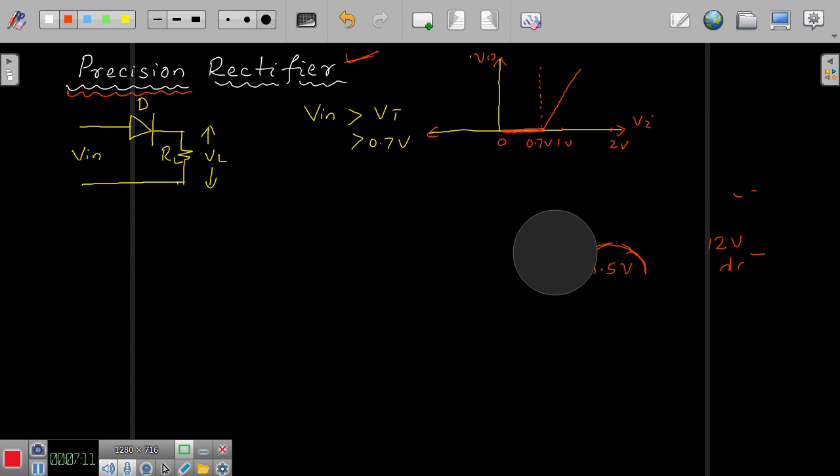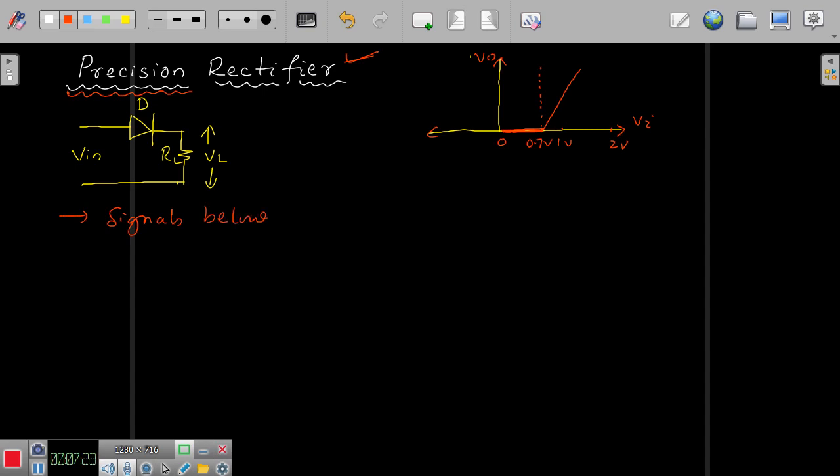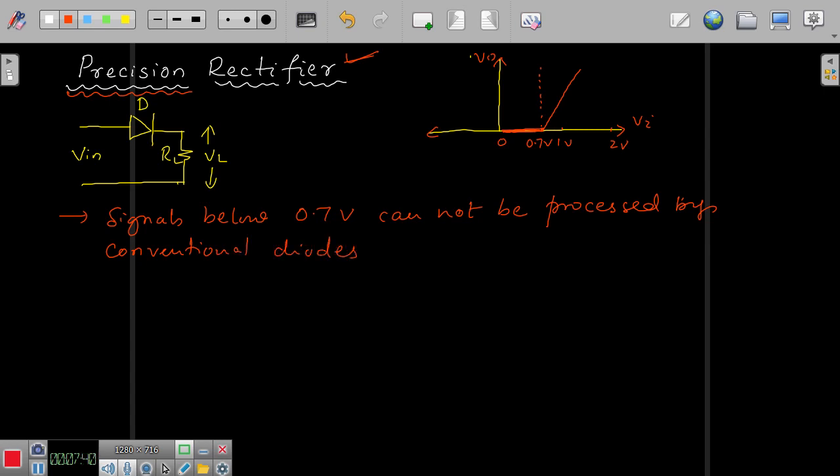We will try to see how exactly we are able to materialize this kind of operation using the operational amplifiers as well as your conventional diode circuits, right? So here we can write: signals below say 0.7 volts cannot be processed by conventional diodes, right?